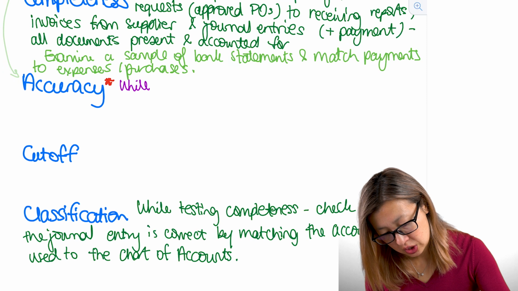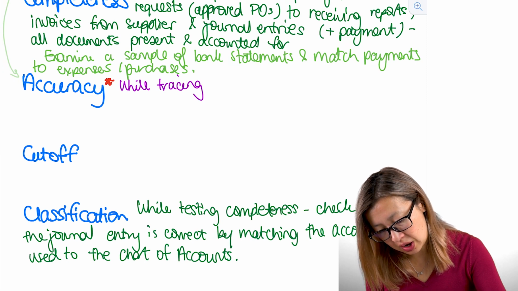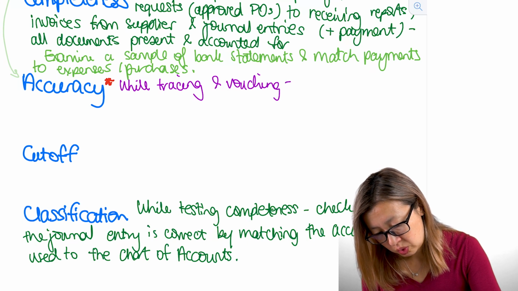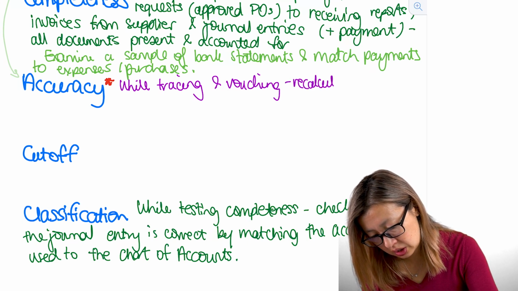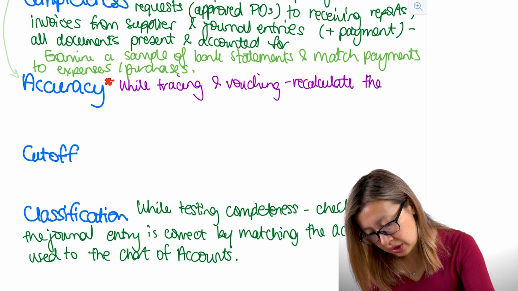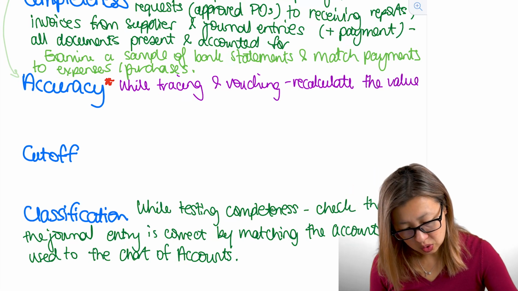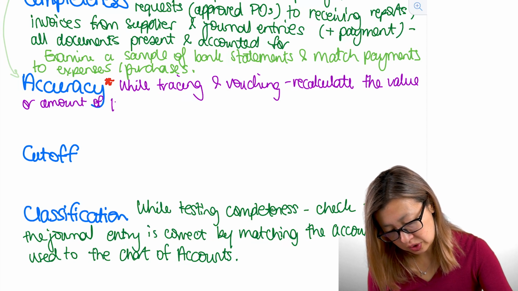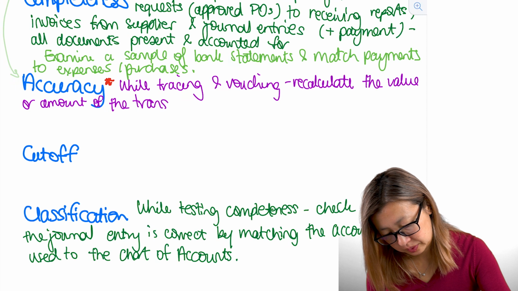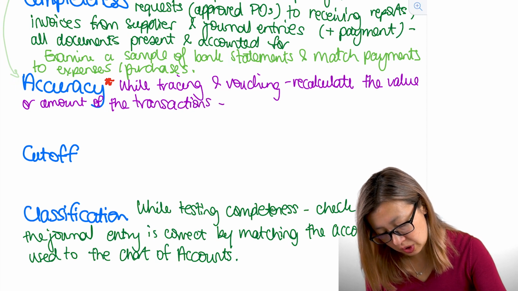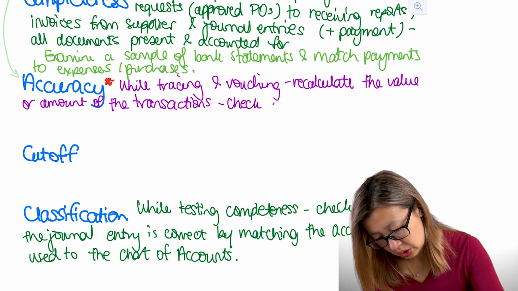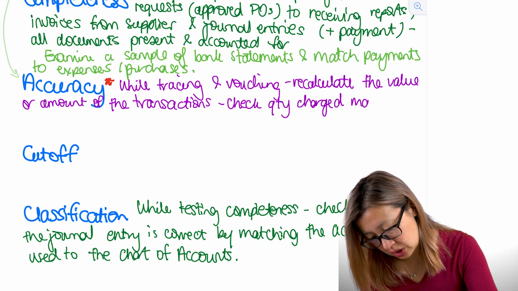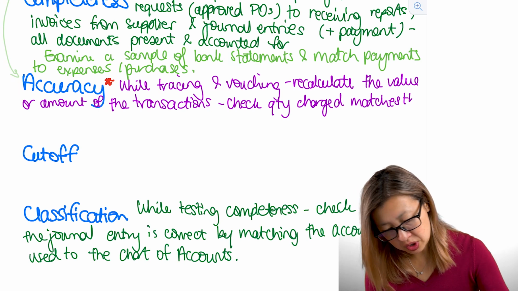While tracing and vouching, recalculate the value or amount of the transactions. All right, so check quantity charged matches the quantity ordered.